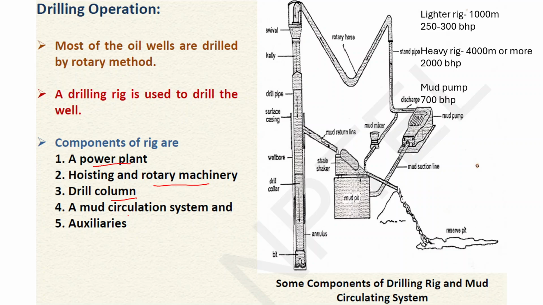And then a mud circulation system, because during the cutting of the rocks and the drilling operation, a huge amount of mud comes out, which needs to be taken out for the smooth drilling of the well. So that mud circulation system is required, and some other auxiliary machinery is also required. We will not go deep into the machinery. As I told, it is not part of the syllabus.